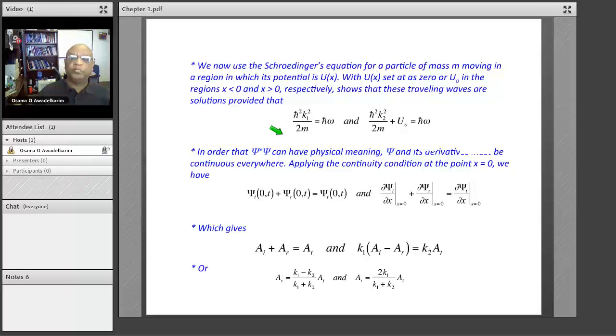So when I substitute for the left-hand side, you get h bar squared k1 squared over 2m equals h bar omega.